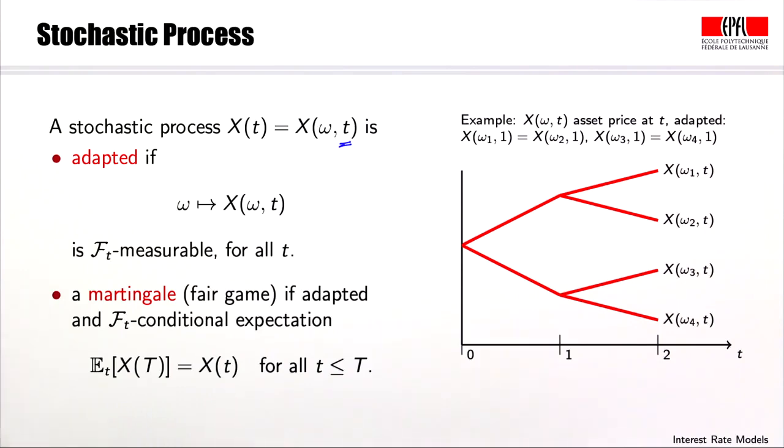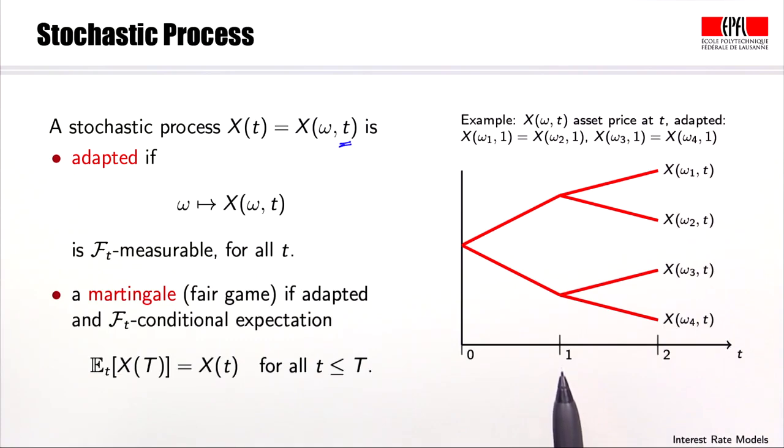As an example, consider again the stochastic basis from the previous slide, and let's assume that X_t models the price of a financial asset at date t, and assume X_t is adapted. In the 2-period context, that means at terminal time 2, we know the terminal price, which is a function of the state of the world.